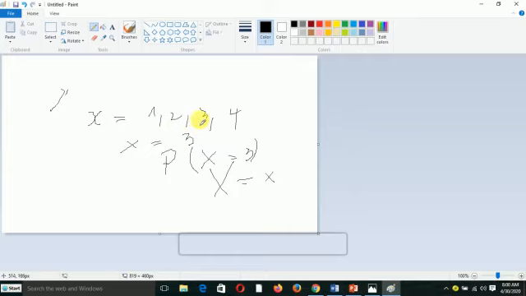What is the probability that big X is equal to 3, or big X is having the value less or equal to 3? Here we are having the 3 probabilities.